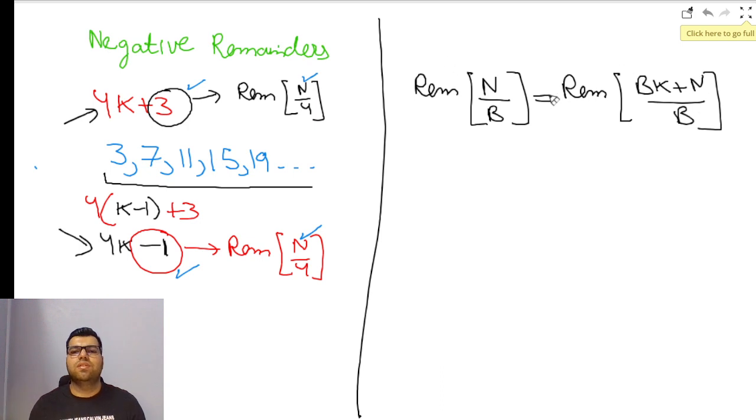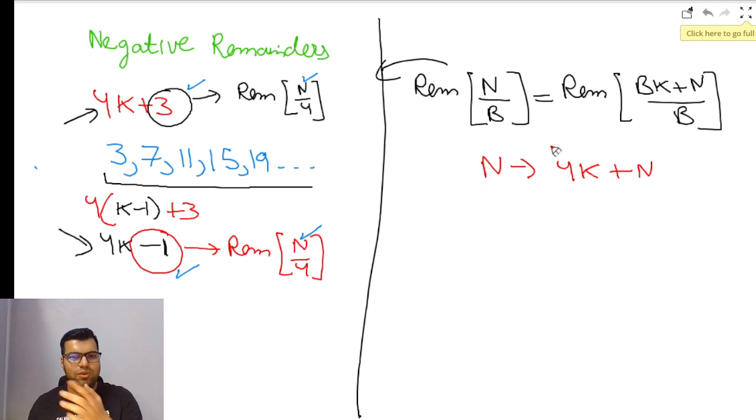This is where this thing comes from. Since the remainder of n with b is the same as bk plus n, in this case you can write n as 4k plus n.